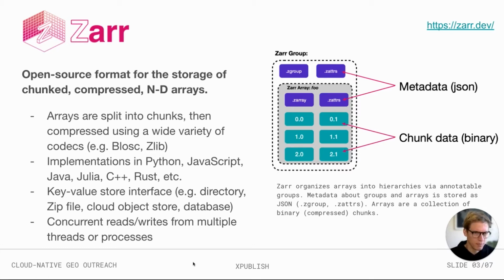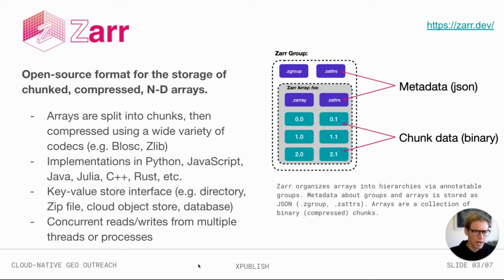So a group is made up of one or more arrays. And then the metadata for these groups and for the arrays is stored in JSON. So the .zattrs, the .zarray, or the .zgroup objects. And then the chunks themselves are binary blobs that are arranged based on their layout in the overall n-dimensional array.